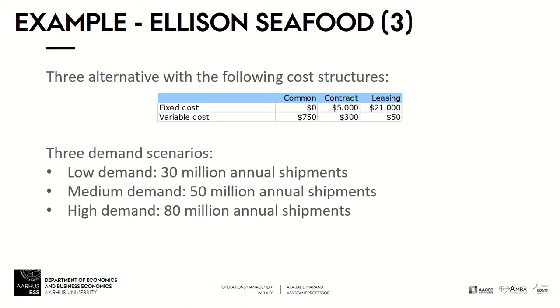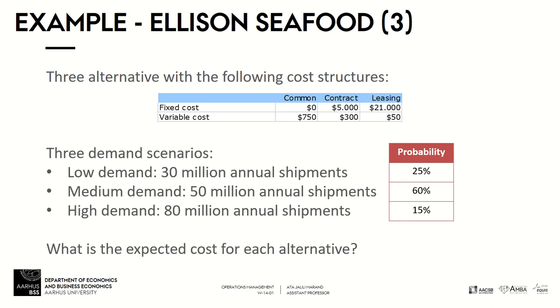For the low, we have 30 million shipments per year, for the medium 50 million shipments, and for high 80 million shipments. There is a probability associated with each of these scenarios. For example, for the low demand scenario, the probability is 25%, or in other words 0.25.